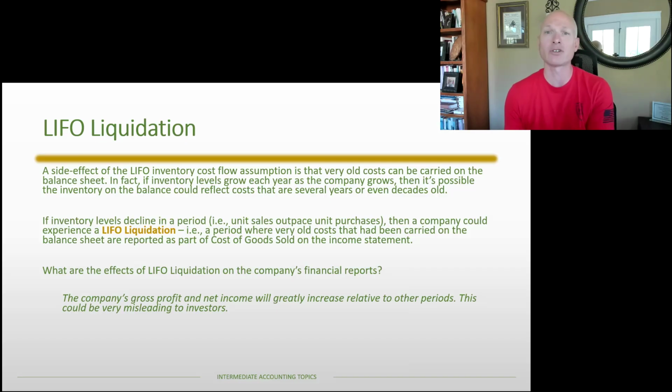From an investor's perspective, it becomes unclear what is driving those higher margins. Is it that you're just more profitable? That can be misleading for investors. I'm going to show you mechanically how that happens, but I'm more concerned that you understand the concept.